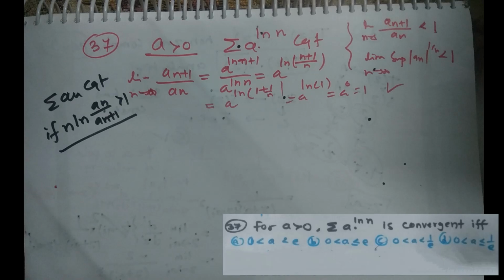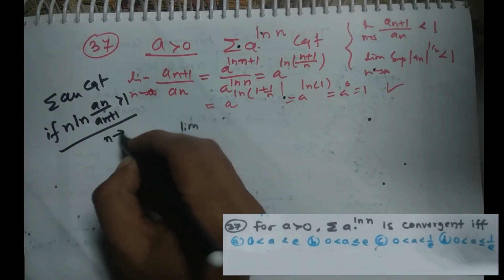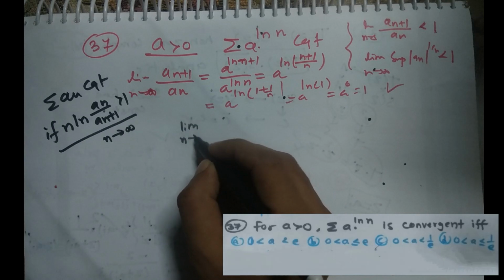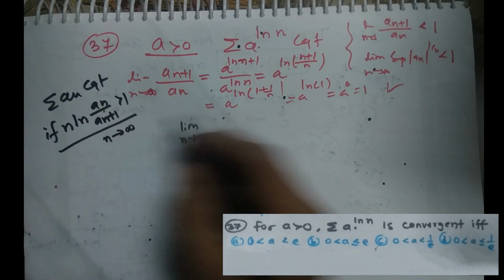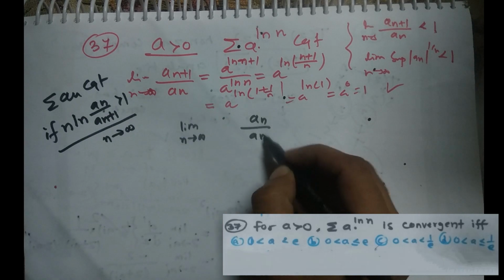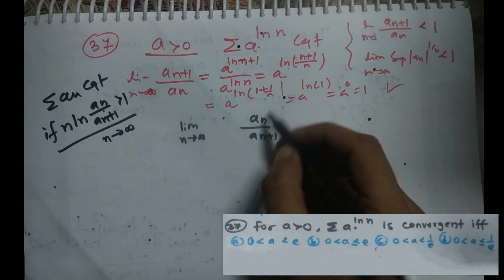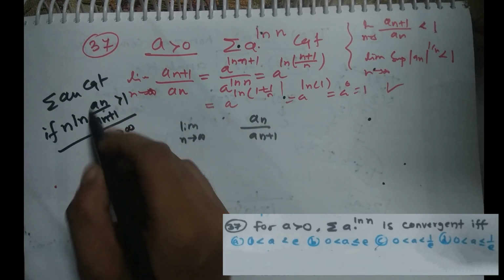This is the logarithmic test. Let's try to do this. Limit as n approaches to infinity. So limit n tends to infinity. First let's try to calculate this term. See, we have already evaluated a_n upon a_{n+1}. So here we have evaluated a_{n+1} upon a_n, but we want for logarithmic test a_n upon a_{n+1}.